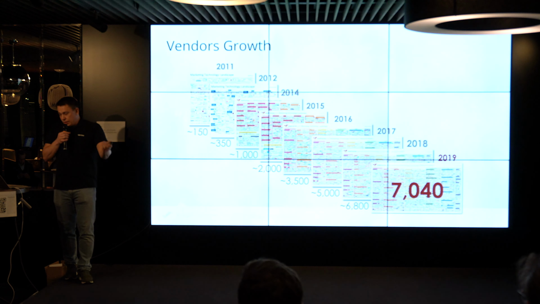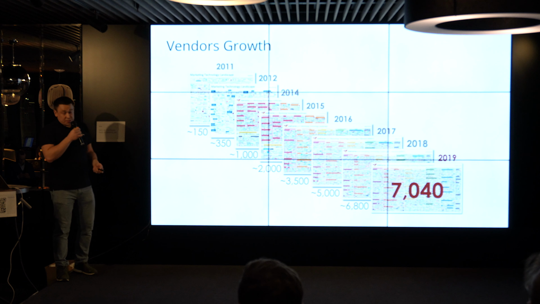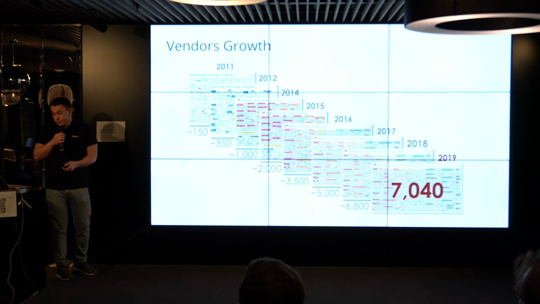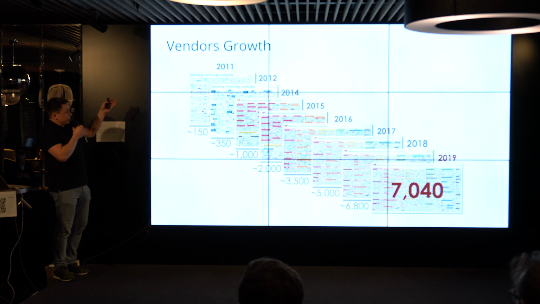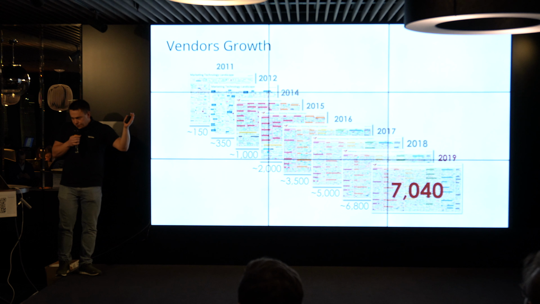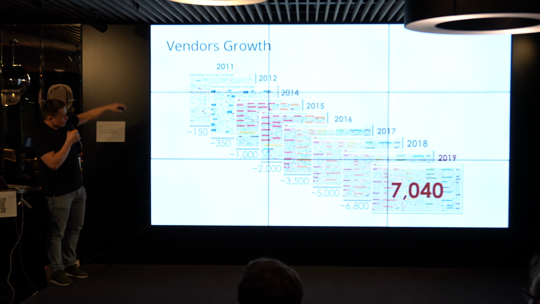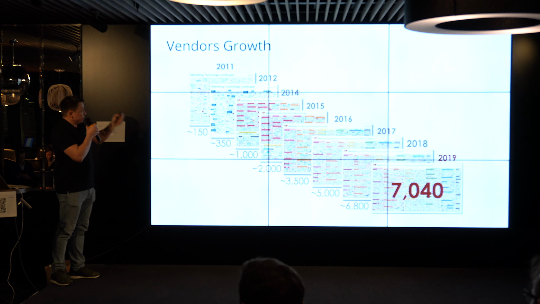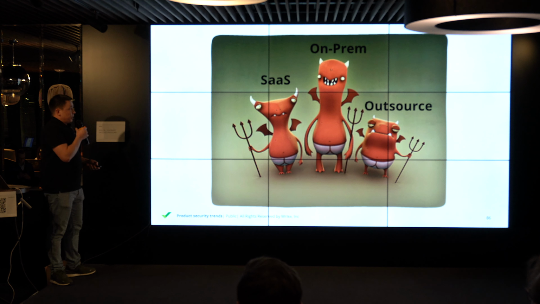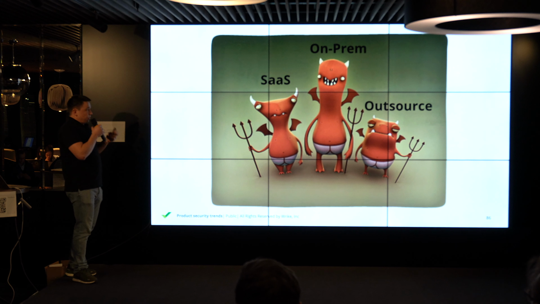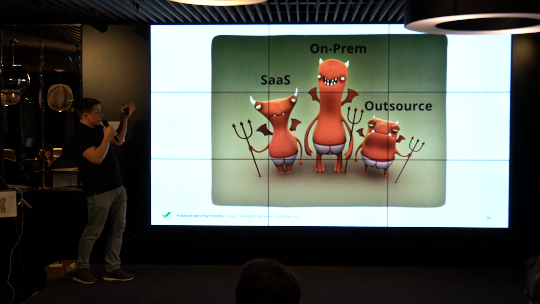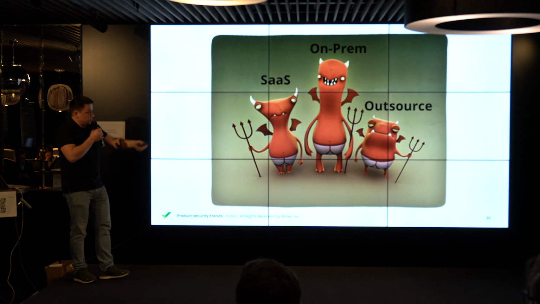Big vendors. Since software started eating the world, we have seen the number of vendors grow by a fifth in just 8 years. And for us, we consider three things: SaaS, on-premises, and outsource.